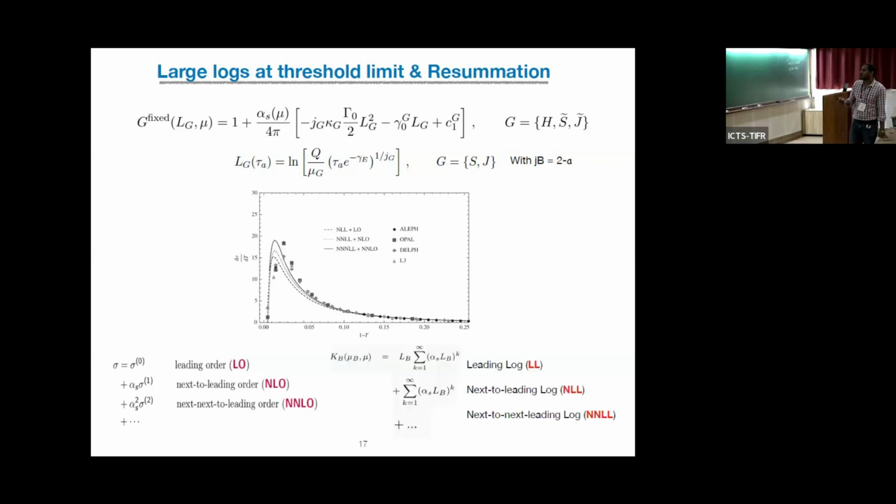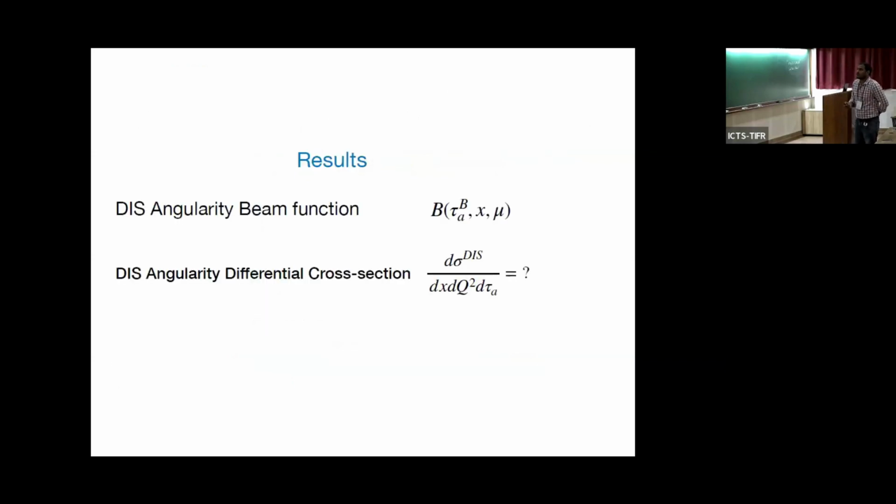When you include the resummation of large logs, it essentially converges to 0, and you have the satisfactory result you wanted, which agrees with the experimental findings. Okay. So let me now show you the resummed result for the beam function and the differential cross section.